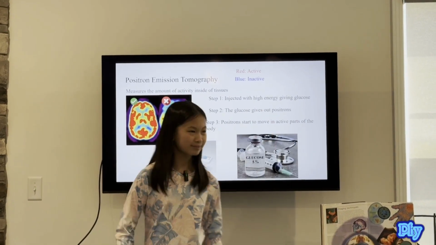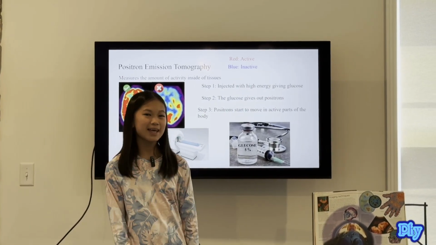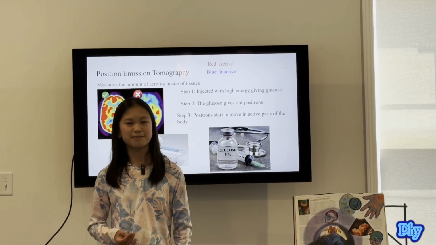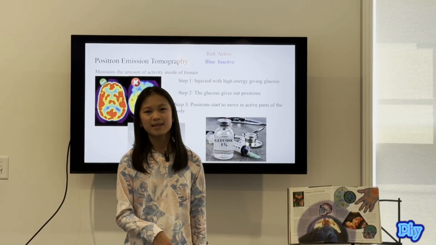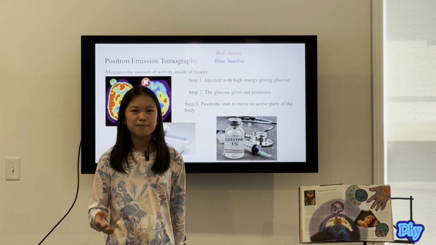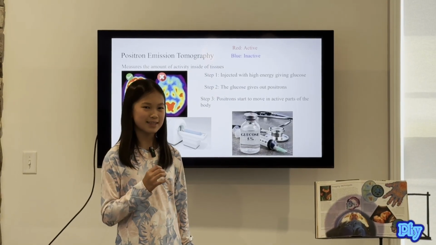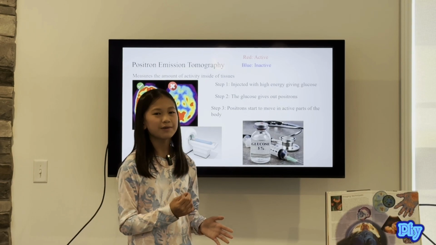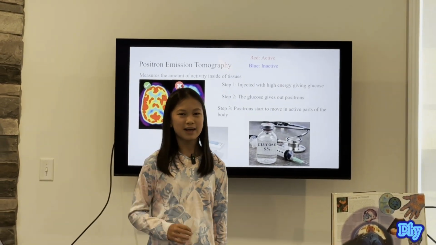How they do a PET scan is first they insert a high energy giving glucose substance into the body. The high energy giving glucose is basically like sugars, but there's a lot of energy in those sugars. So when those soft tissues come to soak that glucose up, this gives out positrons.